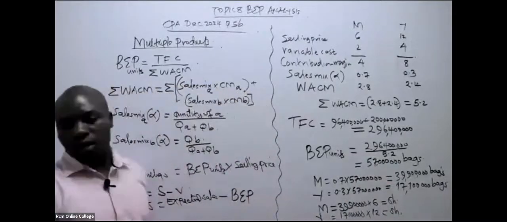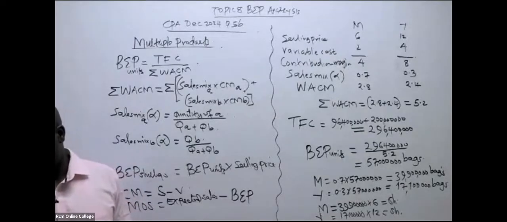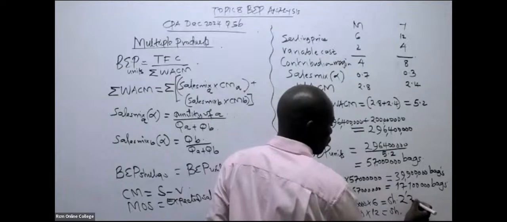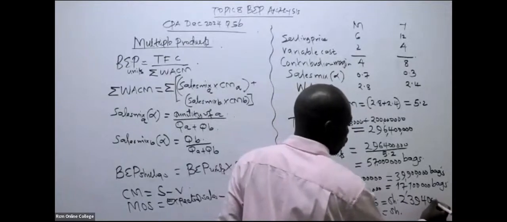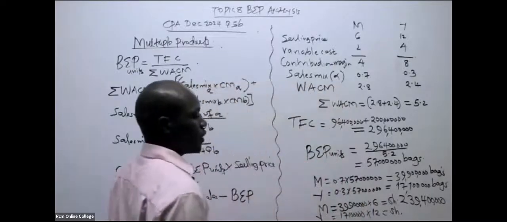For product M, 39,900,000 multiplied by 6. What are we getting? 239,400,000. Good.